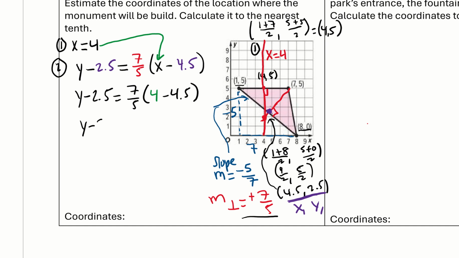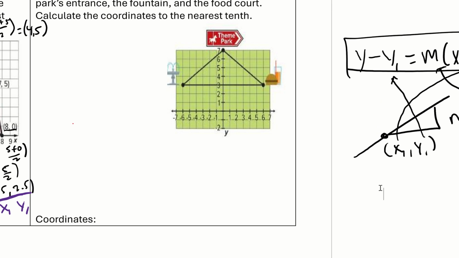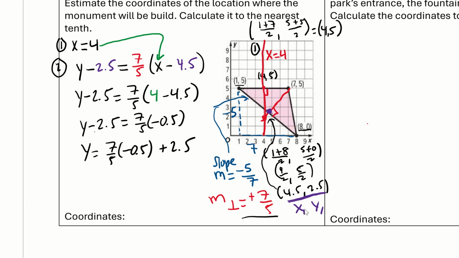So y minus 2.5 equals 7/5 times negative 0.5, since 4 minus 4.5 is negative 0.5. Let's figure out what 7/5 times negative 0.5 is. That's negative 0.7.